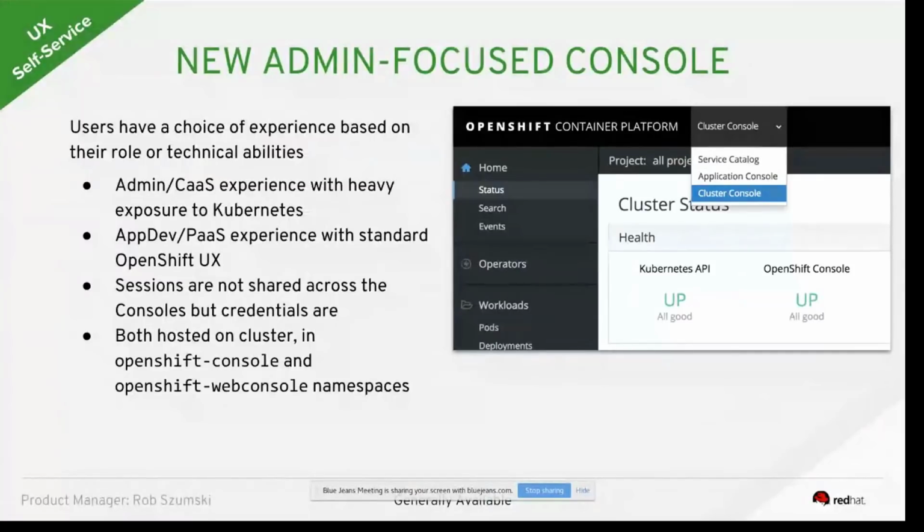You get full visibility into all of the Kubernetes objects that you might not have been able to see before as more of a developer persona in OpenShift. It's using the same cluster authentication, so you can get to both of these consoles with the same credentials, and the navigation is dynamic such that if you have limited access via an RBAC role, you'll only see what you can use.